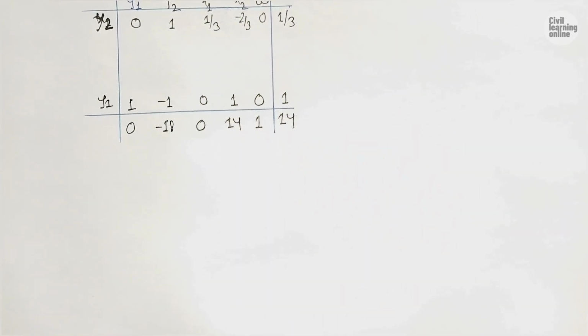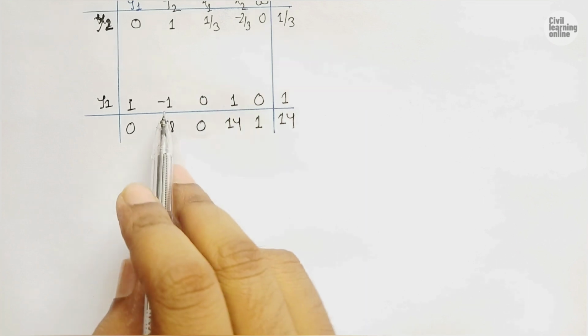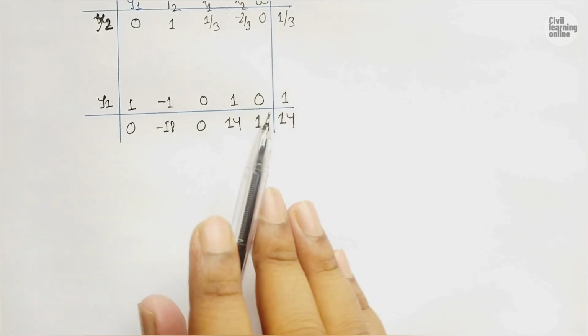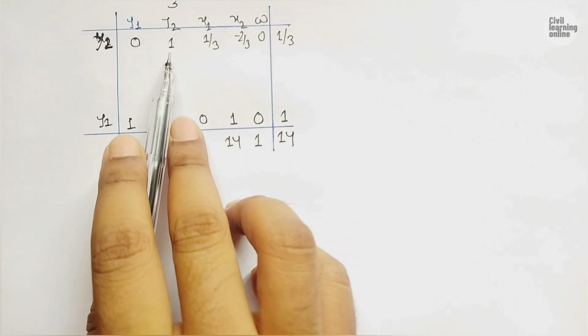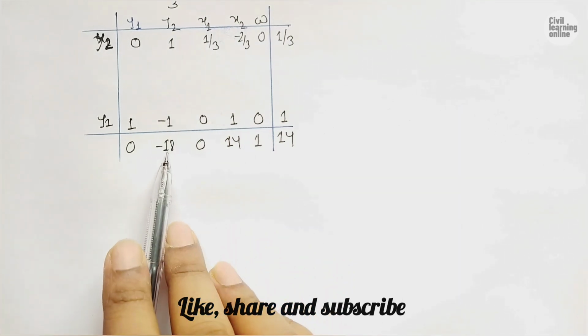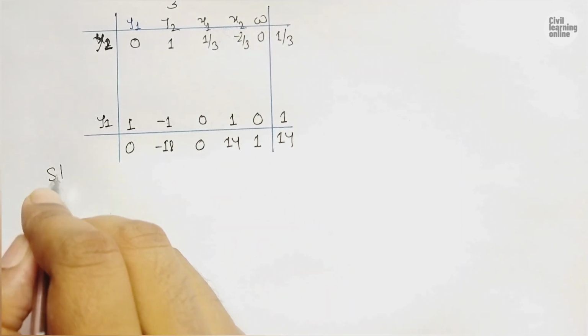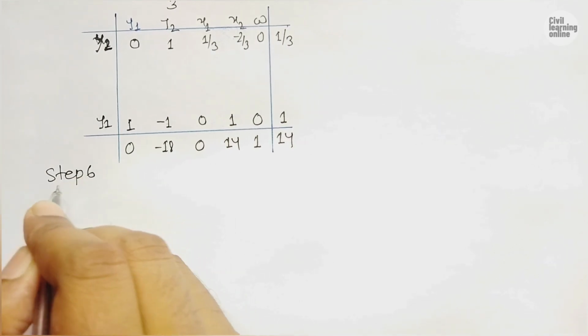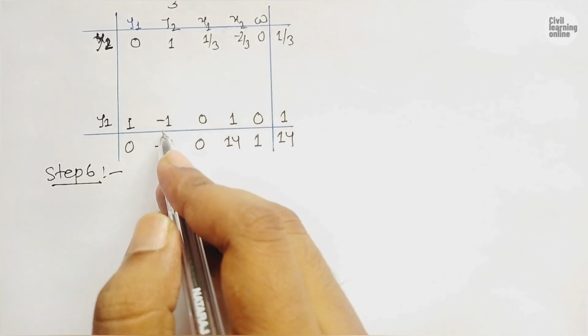Now in step 6, what we need to do is make the elements other than the pivotal element 0. So this is the pivotal element. Now we have to convert this 1 to 0 and minus 18 to 0. So now you are smart enough to tell how we can make this minus 1 to 0.